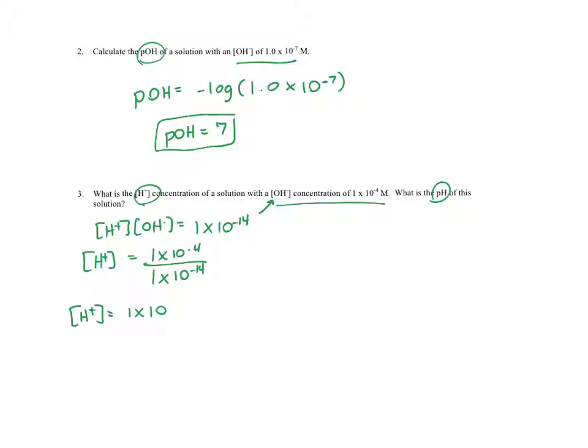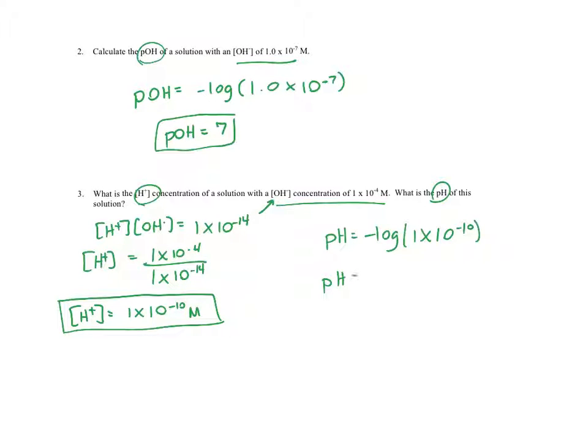And you should get 1 times 10 to the negative 10th molar. Okay, so that's the first part. Remember, some of these are going to have two-part answers. So we've calculated the H plus. The second part is to calculate the pH, but we know that that is just the negative log of the concentration of H plus. So we should get a pH of 10.